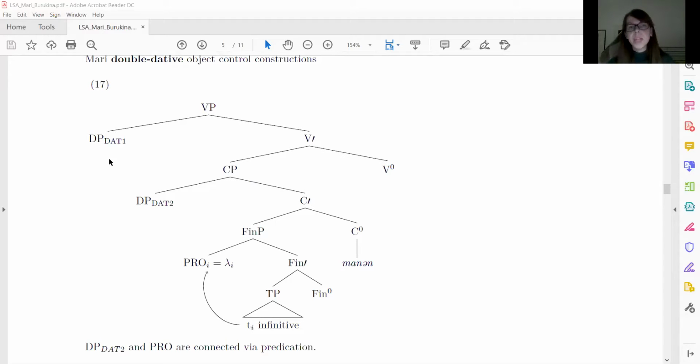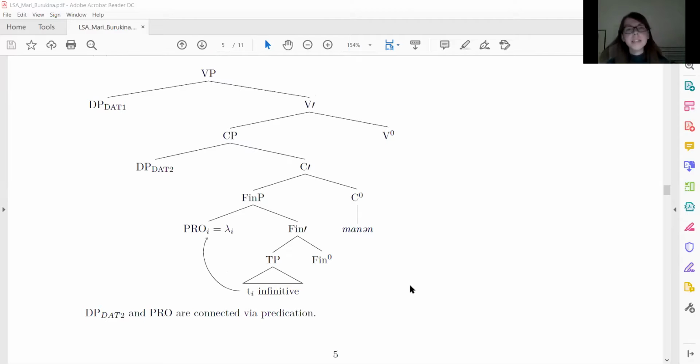And obviously we don't have variable binding here because the second dative DP is referential, but we still have this predication. So the dative DP and this big pro are connected via predication that is established. So the dative DP is basically the subject of this predication, and the embedded FinP is used as the predicate itself.